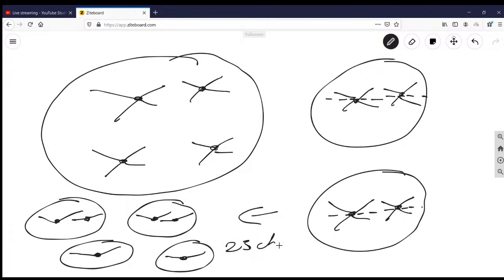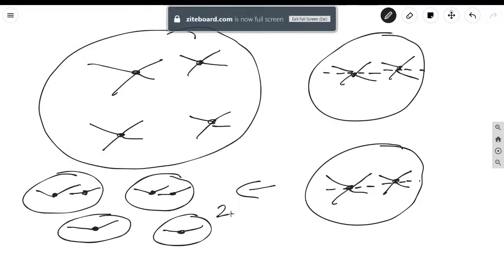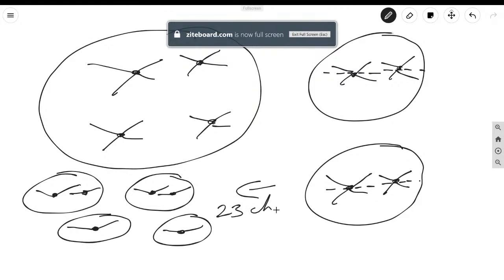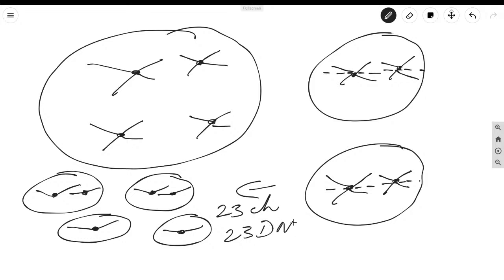So 23 chromosome, 23 DNA. So from a diploid cell, you are getting 4 haploid cells. That is what is known as reduction division.